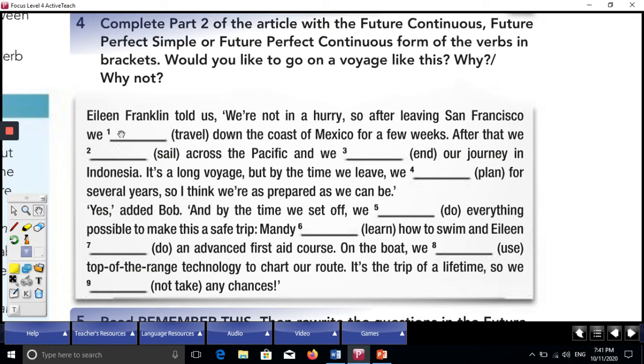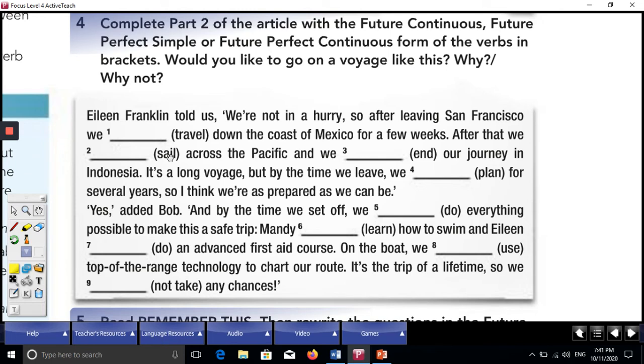After that, we also continue with the same tense. Will be sailing across the Pacific, and we will be ending our journey in Indonesia.